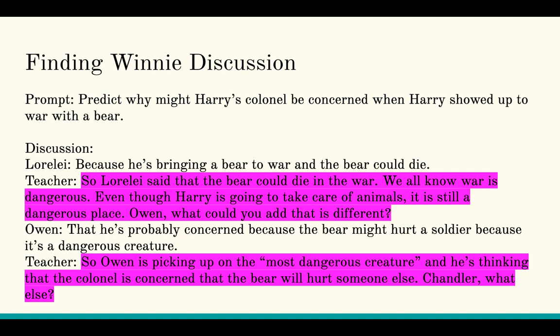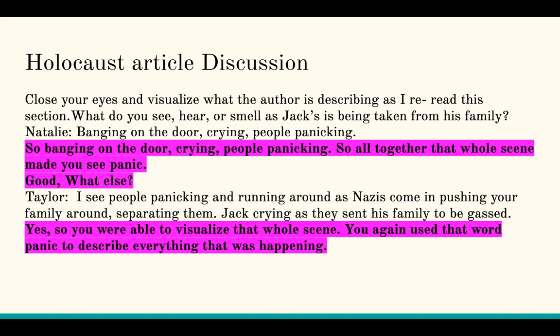And then I provided another example from the Holocaust article, which was also part of session 4. In her first response to Natalie, she's summarizing Natalie's thoughts, and then she evaluates it by saying good.